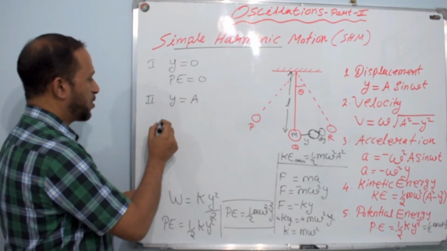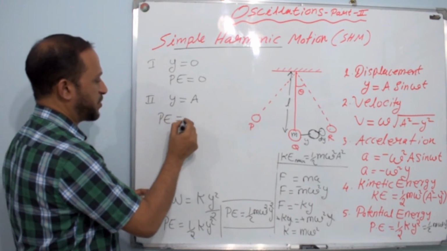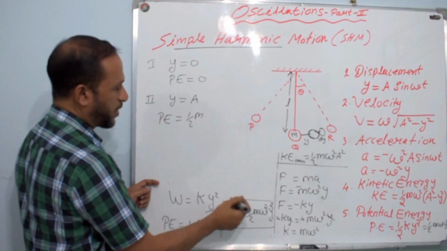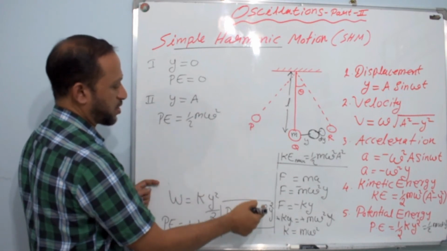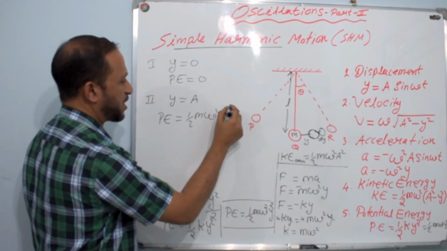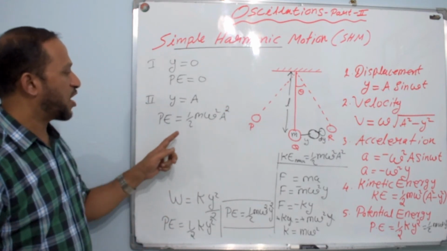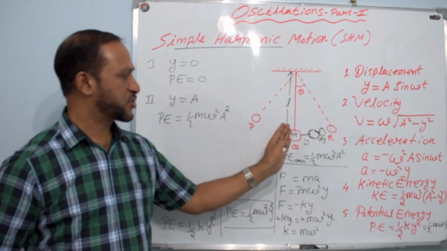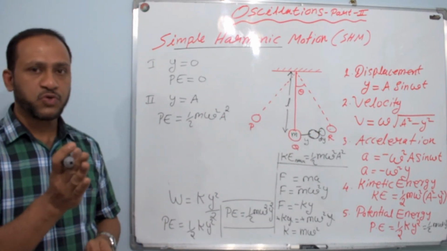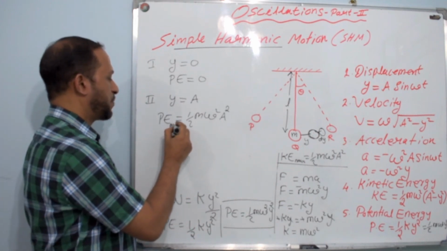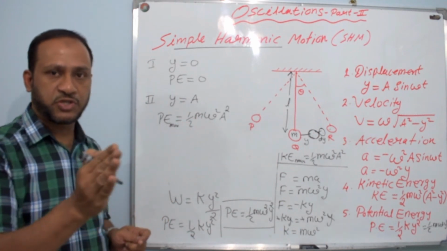So the potential energy at the extreme point is half m omega square into a square, instead of y we are putting the maximum value of y at the extreme point. This is the maximum potential energy at the extreme point. So at the mean position, potential energy is 0. At the extreme position, potential energy is maximum, PE maximum.